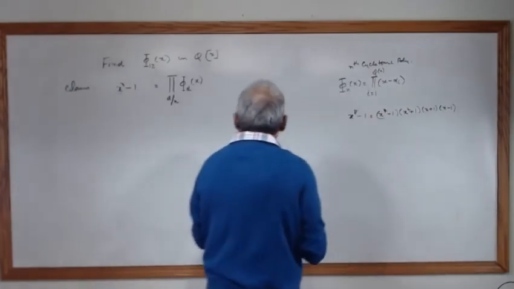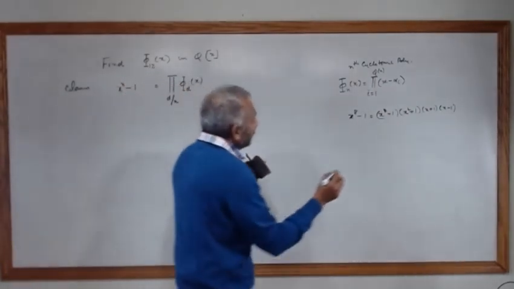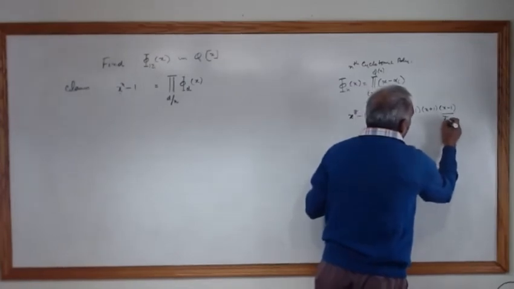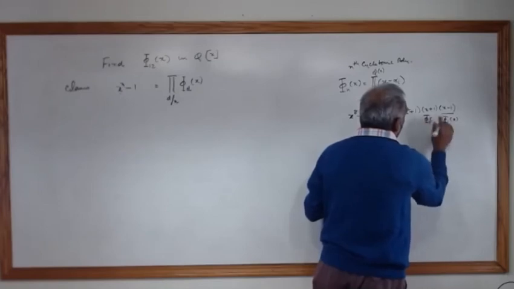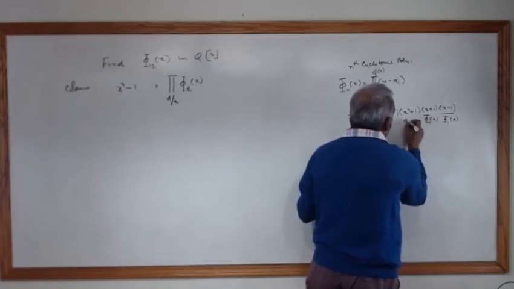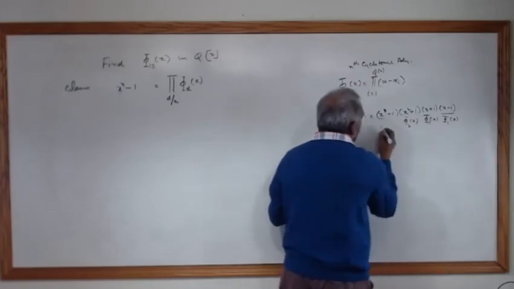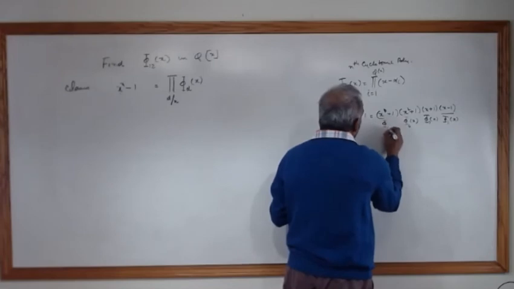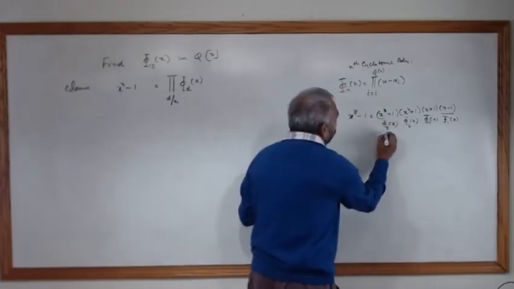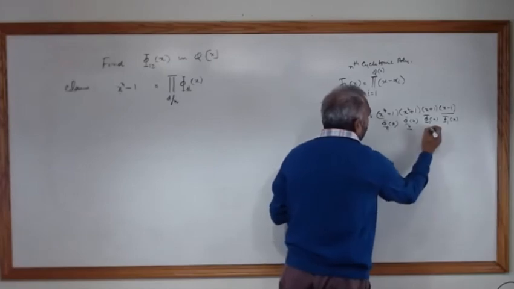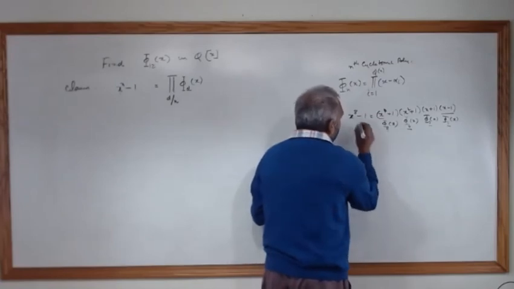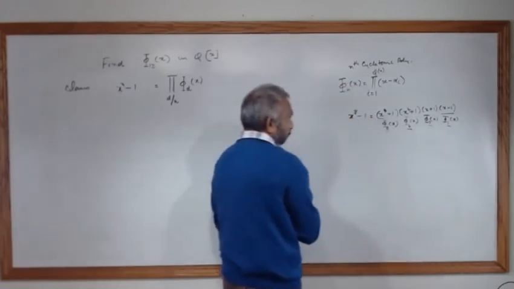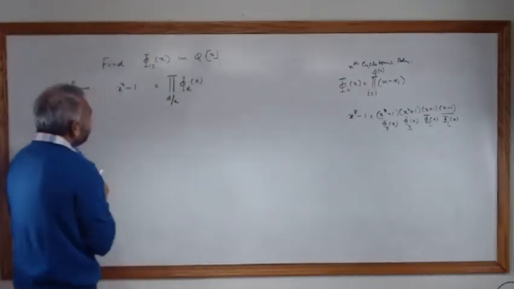So this is phi of 1, this is phi of 2, this is phi of 4, and this is phi of 8. See, there is 8, 4, 2, 1. They are the divisors of 8. So the only divisors of 8 are these 4. That's what I meant here.